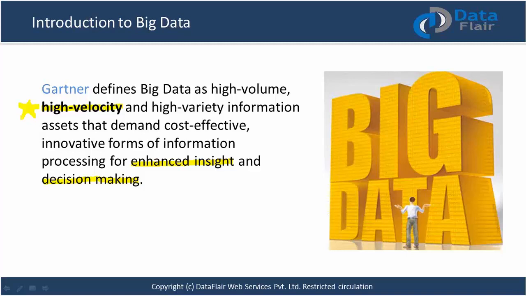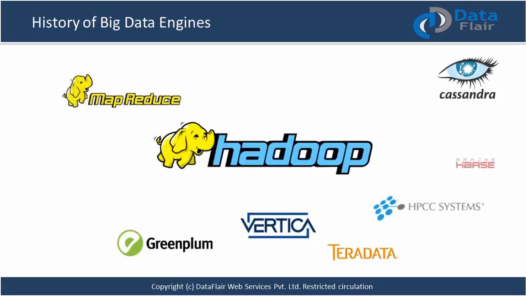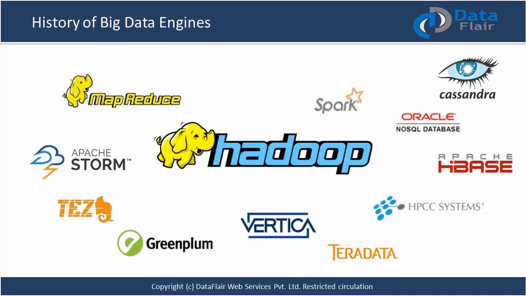Now, let's talk about history of big data engines. How different big data engines evolved. Firstly, let's just take the name of big data engines. The very first breakthrough that industry got was Hadoop, which is still the backbone of all the big data solutions.